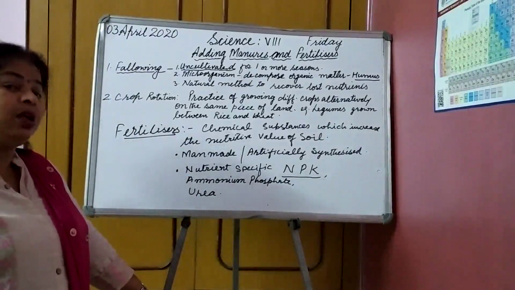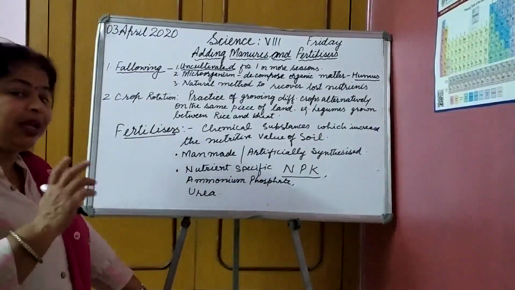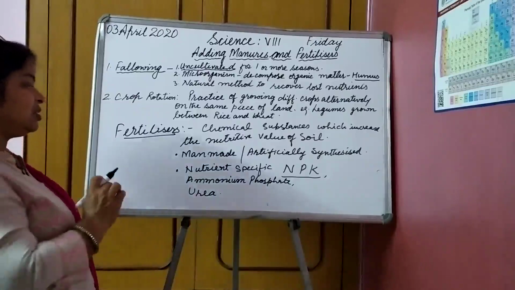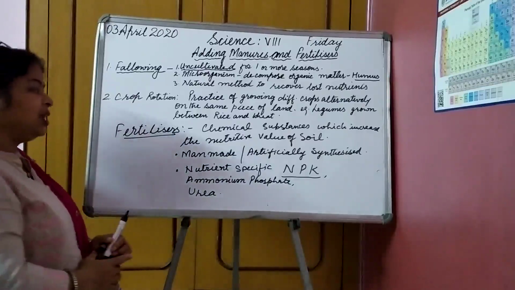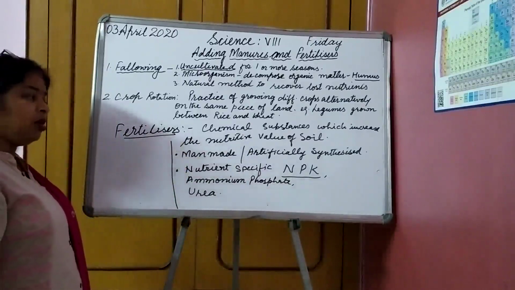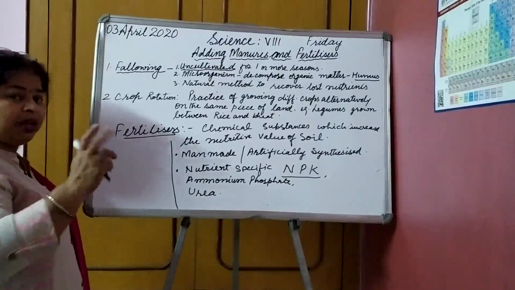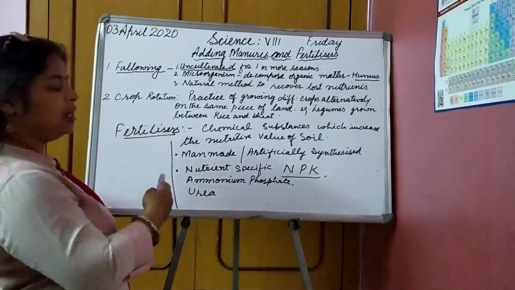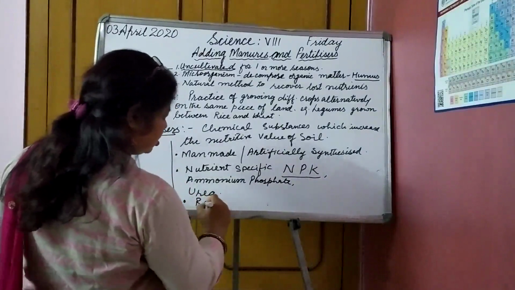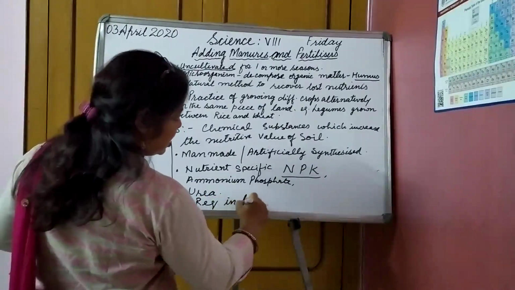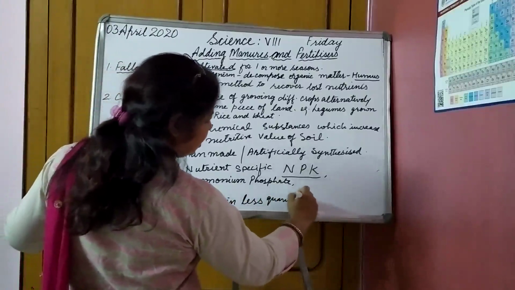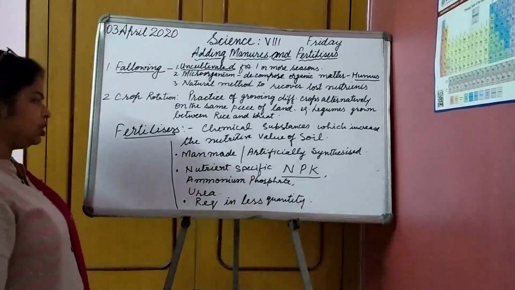This is the advantage. But like manure, they also have disadvantages. The disadvantages are quite harmful. They do not increase any kind of water retention capacity. Manures are required in large quantity, but fertilizers are required in very less quantity, while manure was required in large quantity.